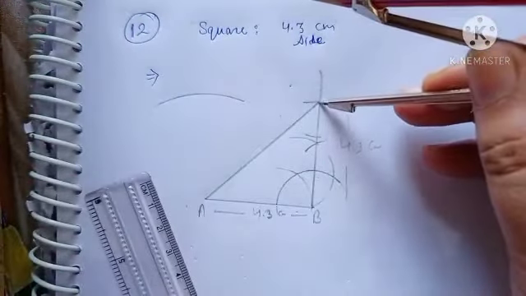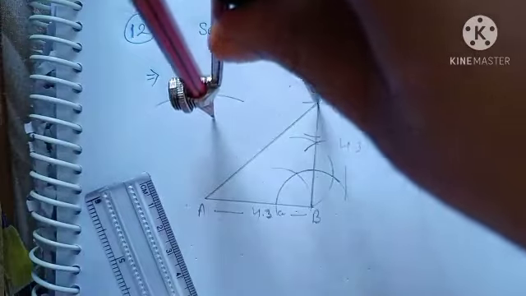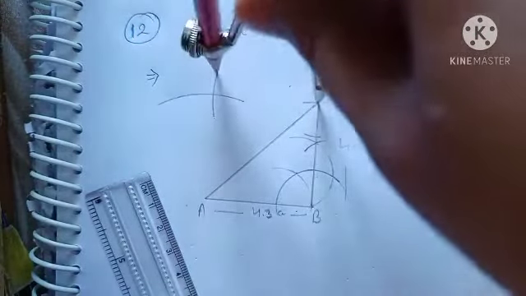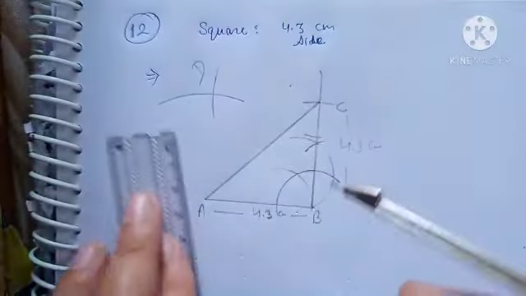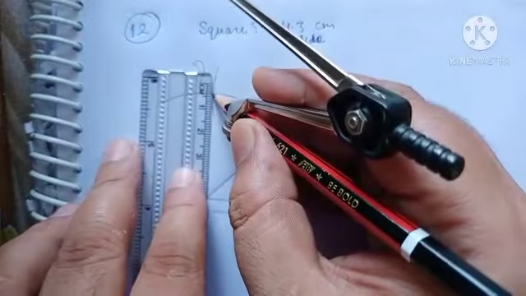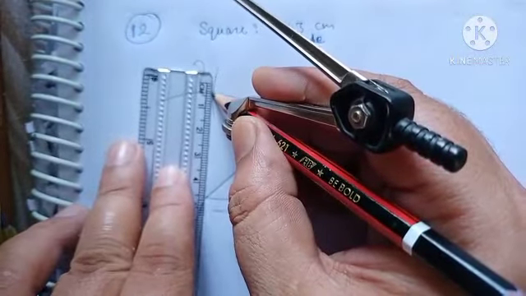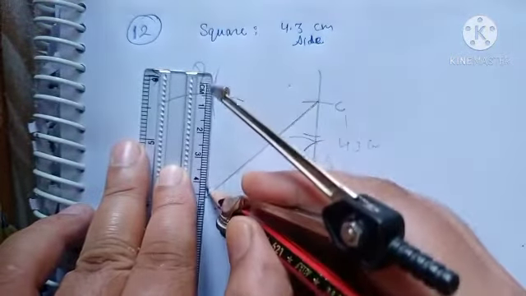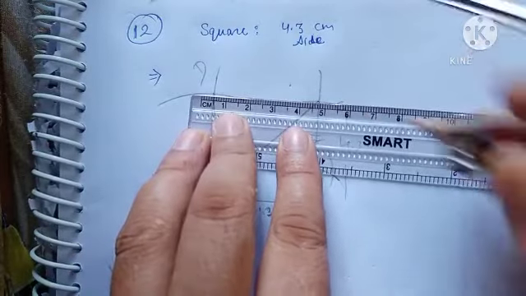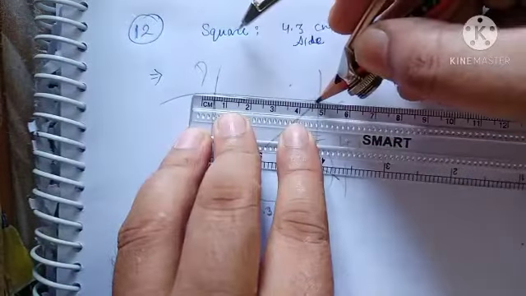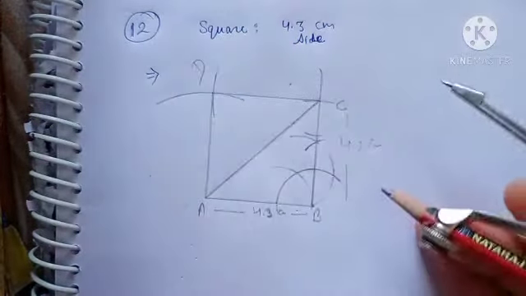Now taking C as center and with the same radius, we will draw another arc which will meet the previous arc at D. Now join AD and CD. And this is the required square ABCD.